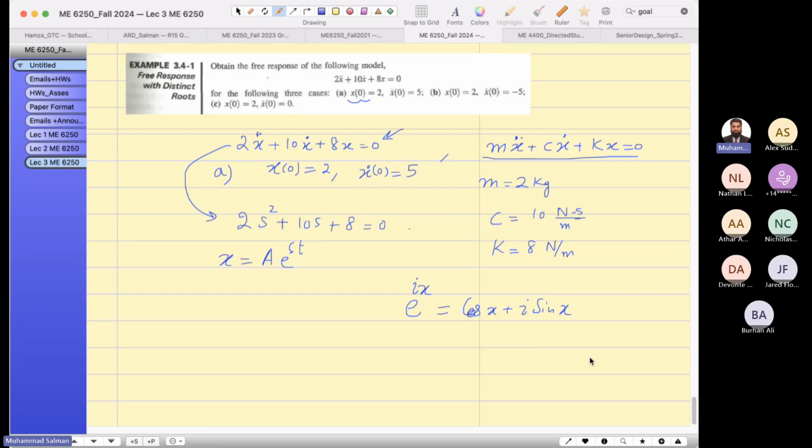I'm not going into the detail, but these are sine and cosine functions, just simple harmonic functions.